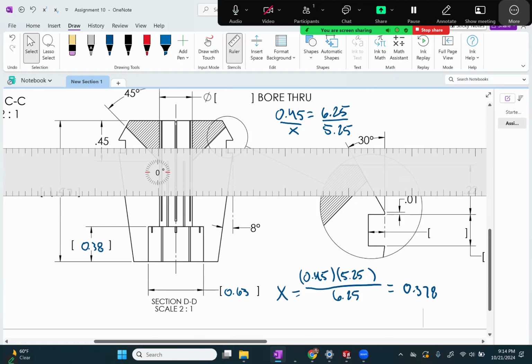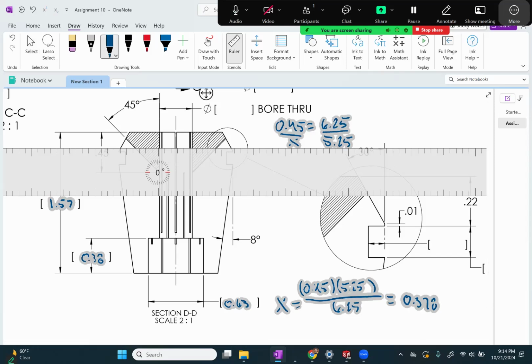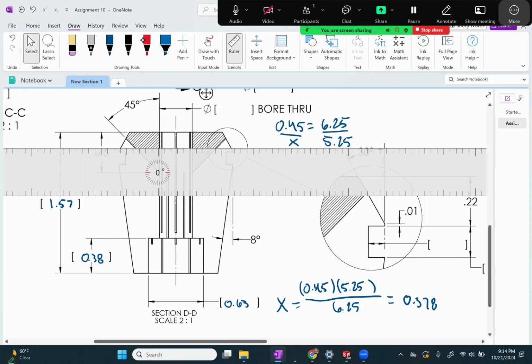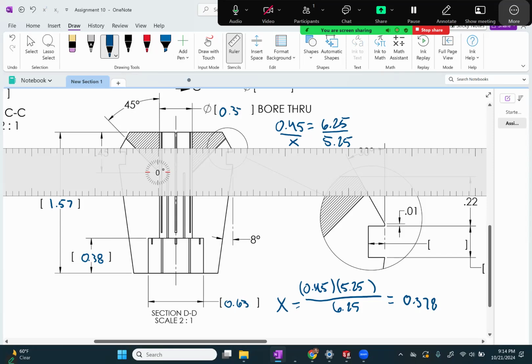This number, I'll leave it in three significant figures, up to the thousandths place, just because I'm looking at the filled out sheet, and for some reason they had that number up to the thousandths place, so I will not round this one specifically. But if you did, no big deal. I just want to be a little bit more consistent with what the filled out paper is, which we'll take a look at. So we're done with all of this math. This value should be 0.378.